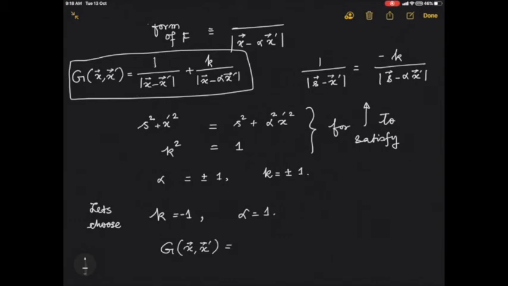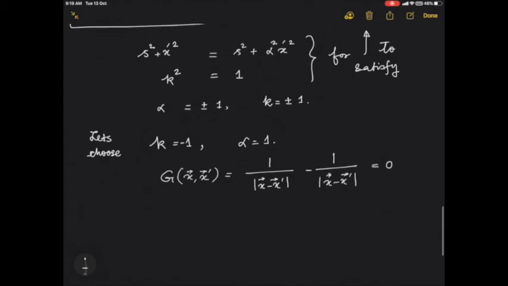So what I get for G is that G is 1 by mod x minus x prime minus 1 by mod x minus x prime again. So G is 0 everywhere. That's a trivial solution. Obviously, that is not the case.